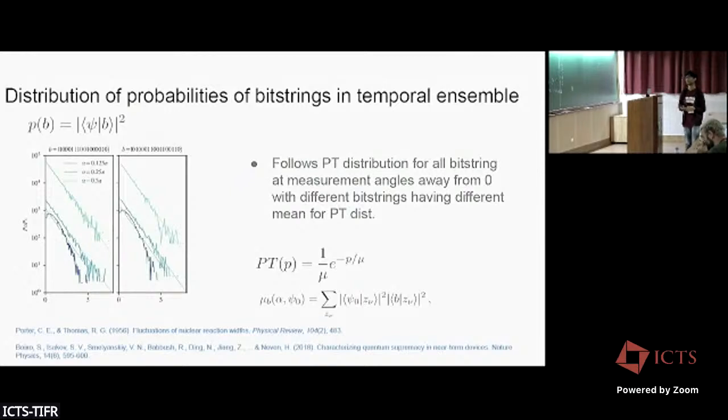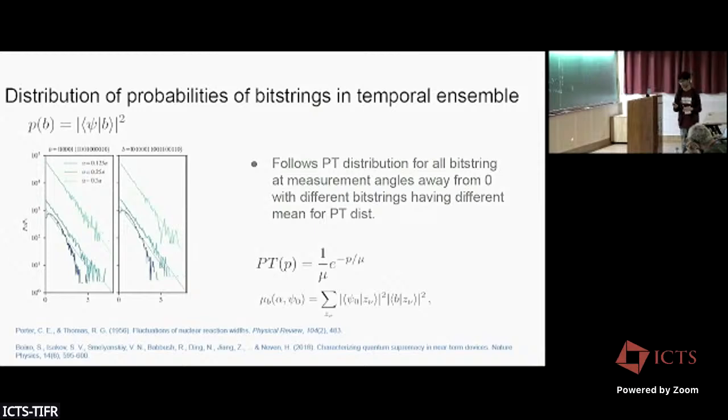So this is an important point: the distribution of probabilities of bit strings. What is this thing actually? Given a pure state, psi, you can do projective measurement on any complete basis, like the basis that we already showed before. You'll get a bit string output. And for an n-site system, there will be 2 to the power n possible bit strings.